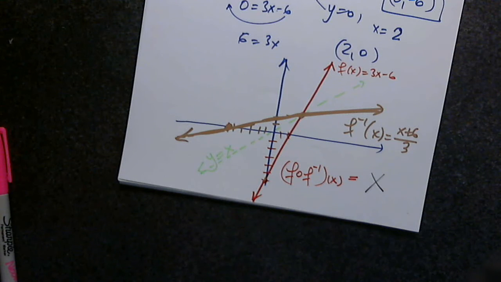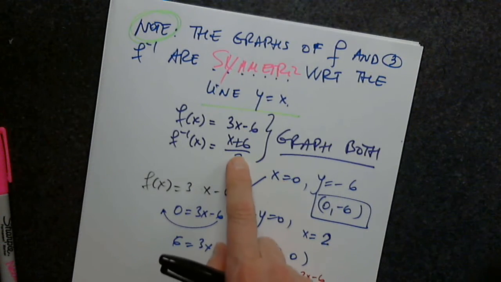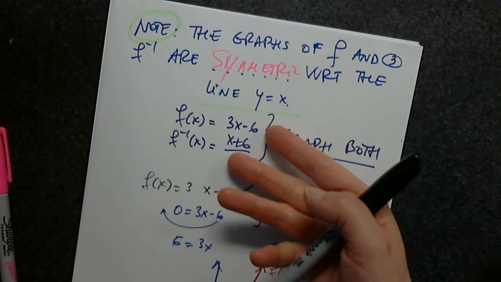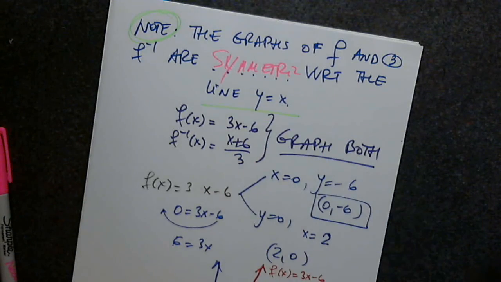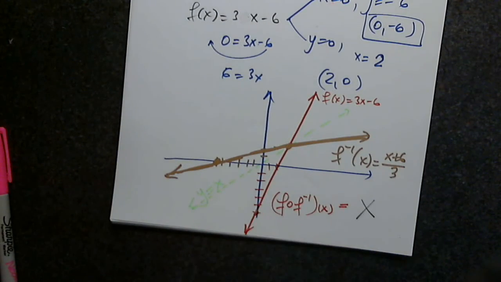Because the functions are inverses of each other. We determined this. We were given the function, we determined this. So obviously they must be inverses of each other. If I apply this and then this, or vice versa, I must get plain x.